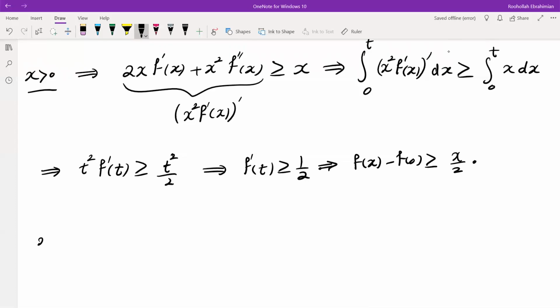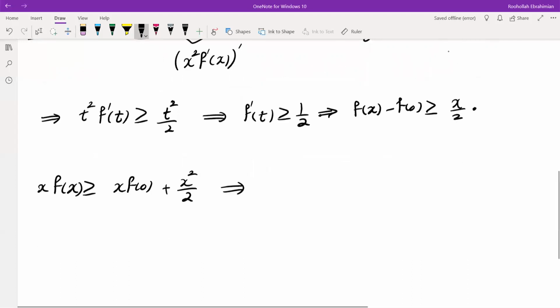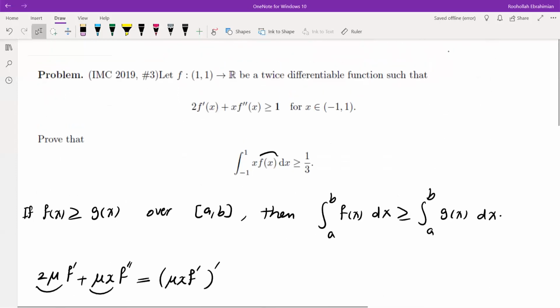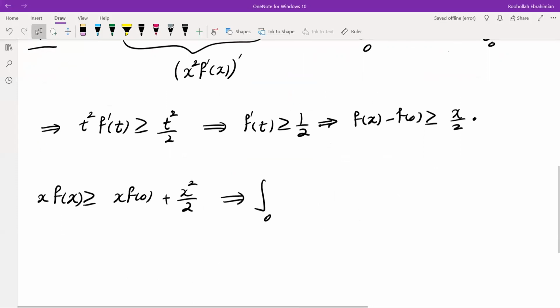Now we're going to multiply by x. Again, I'm using the fact that x is positive. And then I'll integrate that again. Going back, I see that I have the integral from -1 to 1, so I'll do the integral from 0 to 1, because that's the key that I really am looking for.